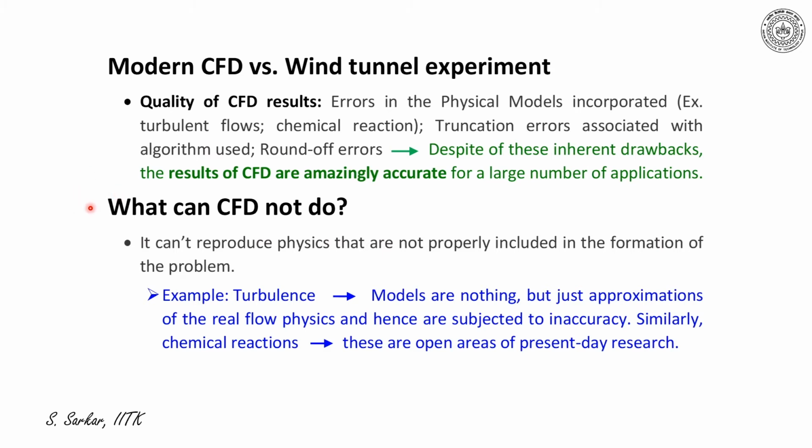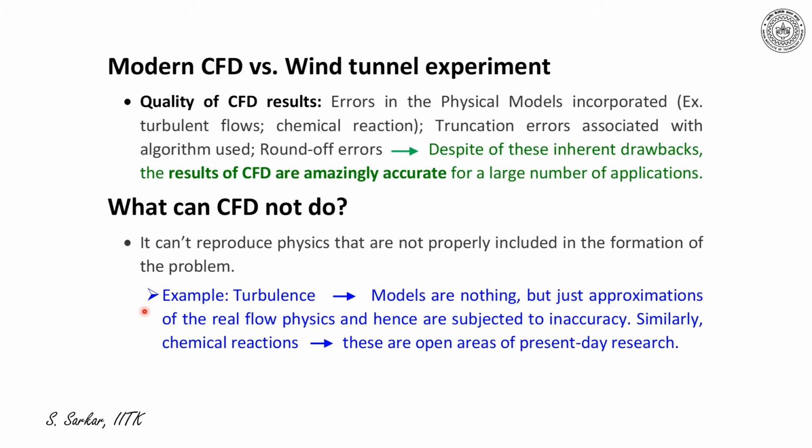What can CFD not do? It cannot produce physics that is not properly included in the formulation of the problem. That is, while dealing with turbulent flows, the models are nothing but approximations of flow physics.